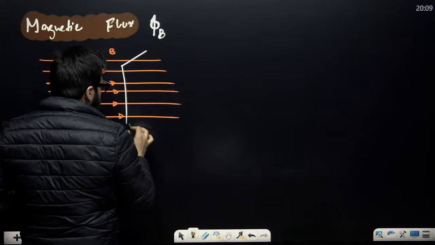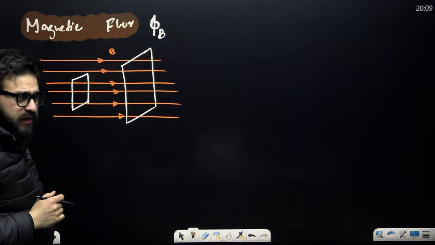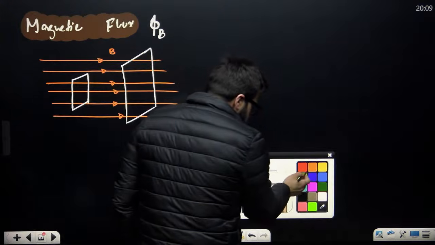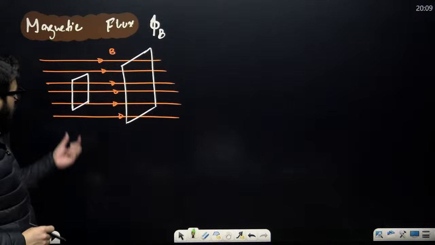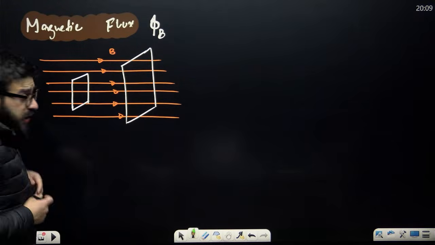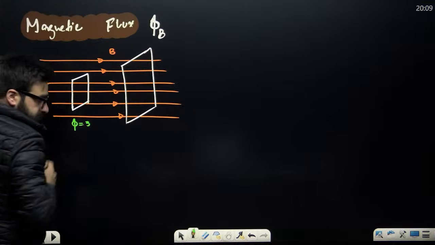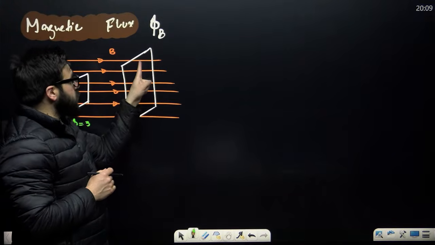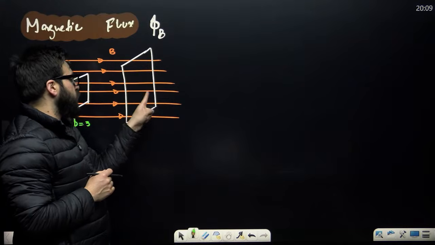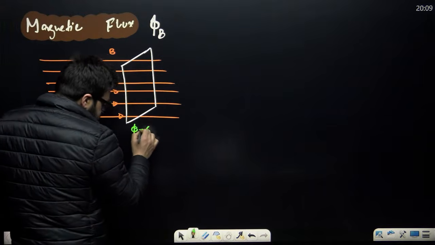Now, how many field lines are crossing through the first sheet? 1, 2, and 3. So flux through this sheet is 3. How many field lines are crossing through the second sheet? 1, 2, 3, 4, 5, 6. So flux through this sheet is 6.